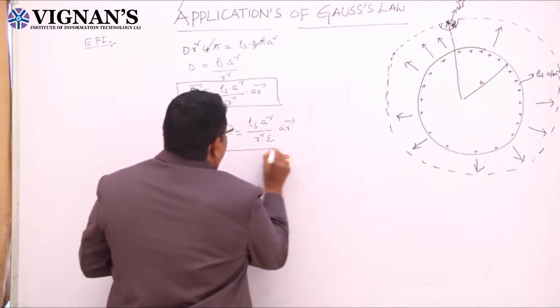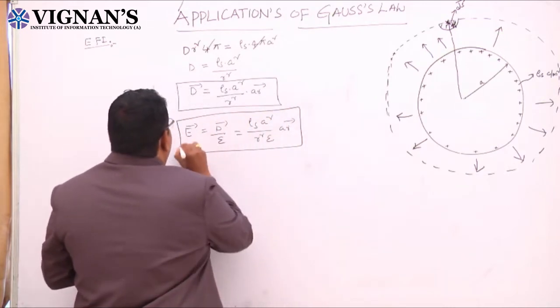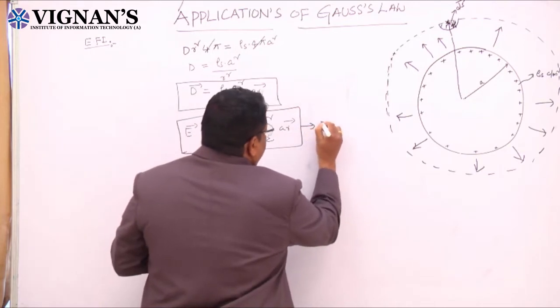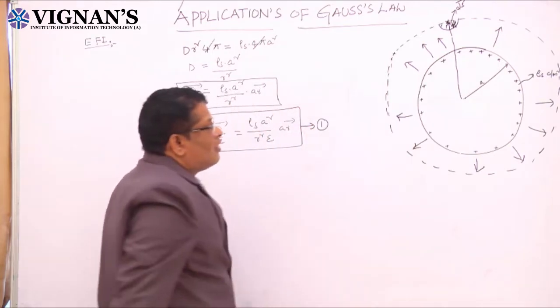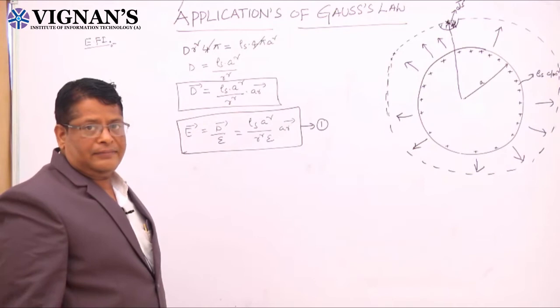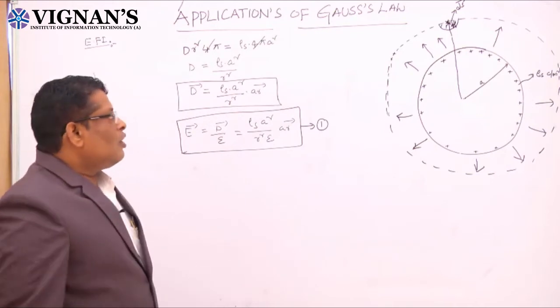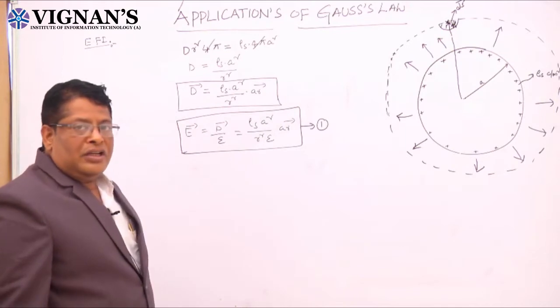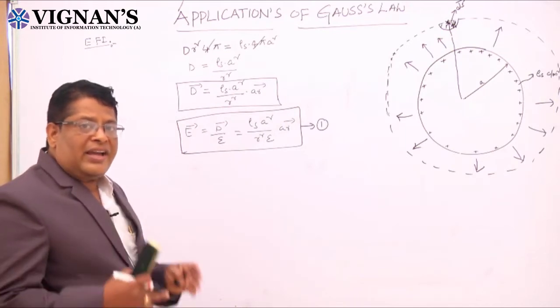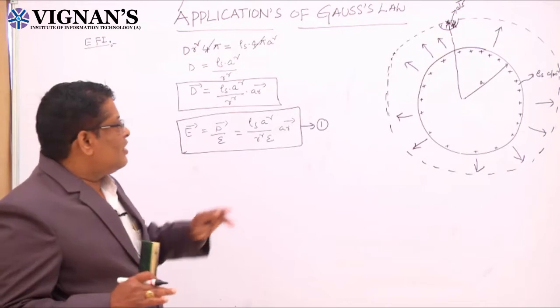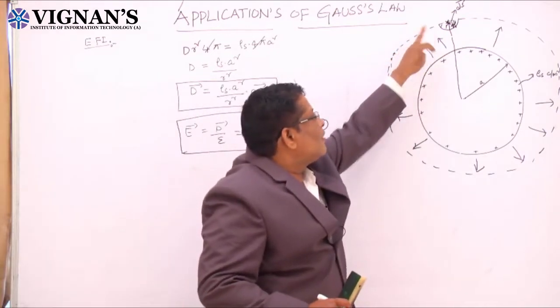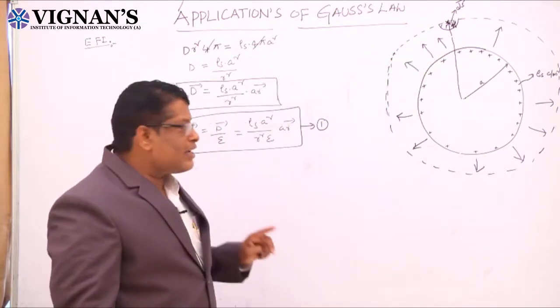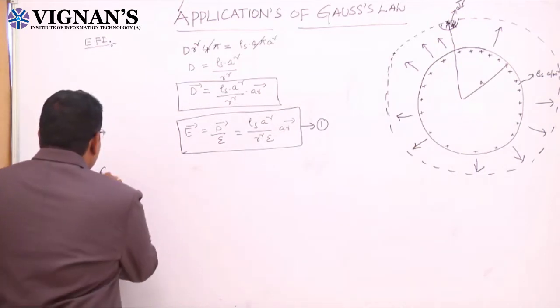This is the final expression for the electric field intensity outside of the shell. Now the first case is over. This is case 1, where we took the electric field intensity outside of the shell.